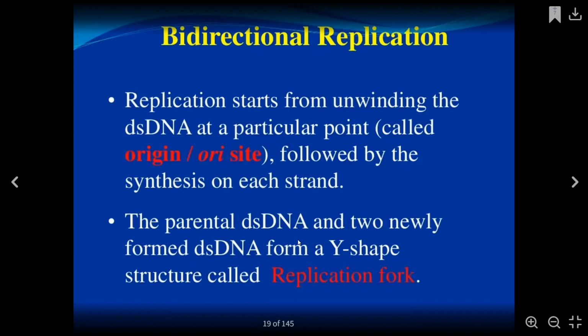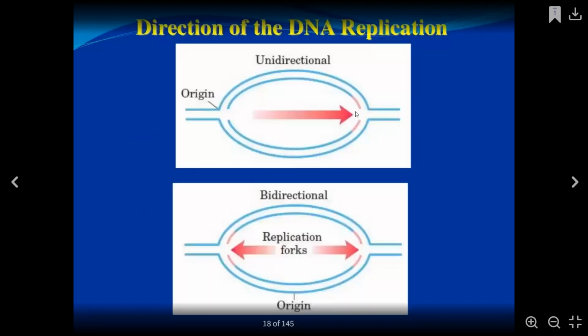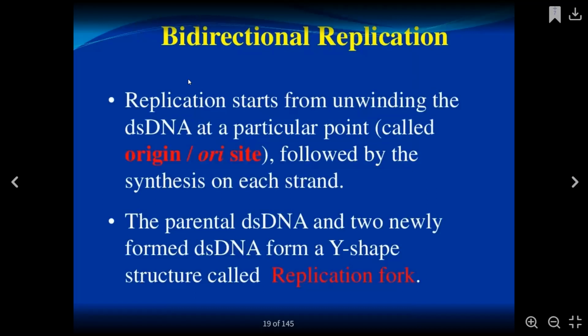We already mentioned that the replication starts by unwinding the double-stranded DNA. We mentioned that the DNA gets unwound, right? It gets unwound at a particular point, and that particular point is called the ori site or origin site, followed by the synthesis on each strand.